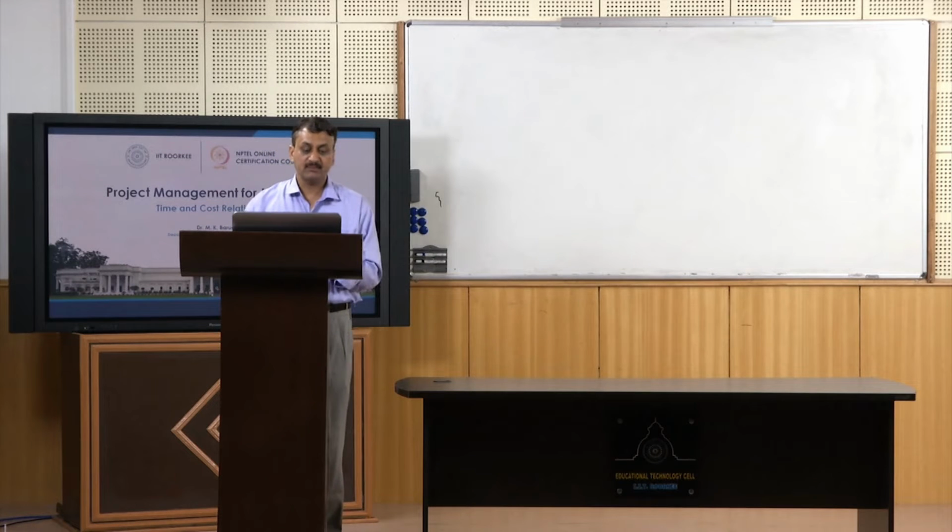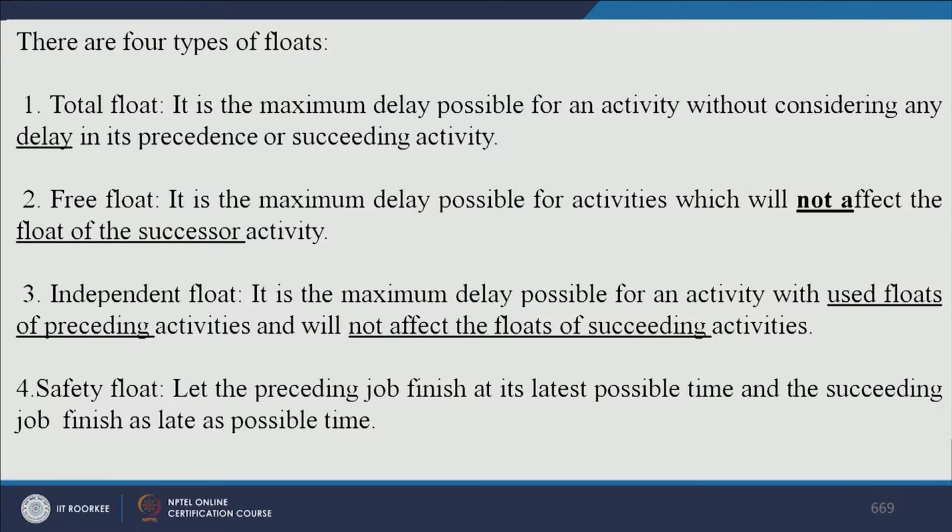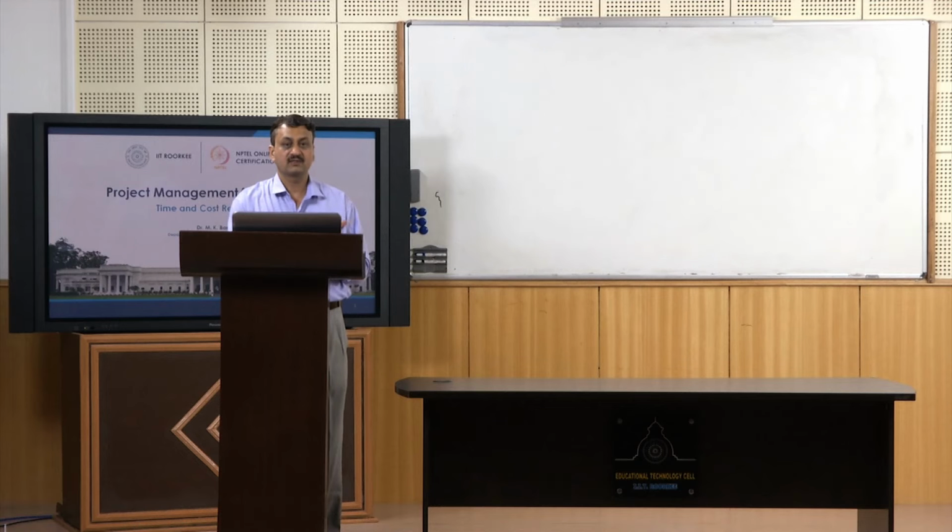Now you have got independent float. It is the maximum delay possible for an activity with used floats of preceding activity but which will not affect the float of succeeding activity, right? So we have already used the float of preceding activity and you are delaying a current activity without affecting the float of succeeding activity.